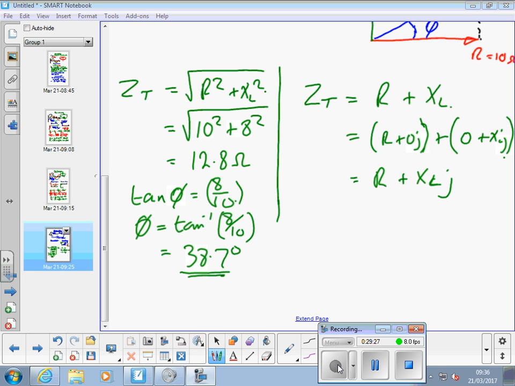So now we can put the numbers in. 10 plus 8J and convert. So use the calculator to convert to polar form.